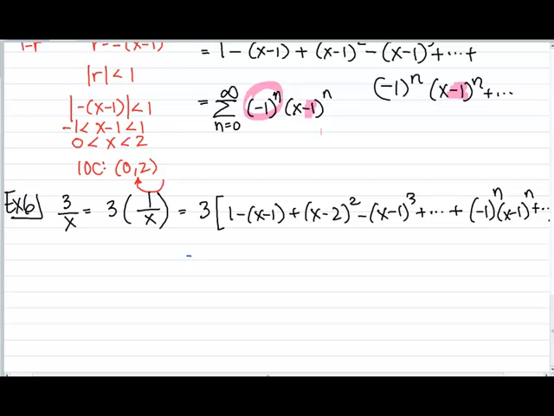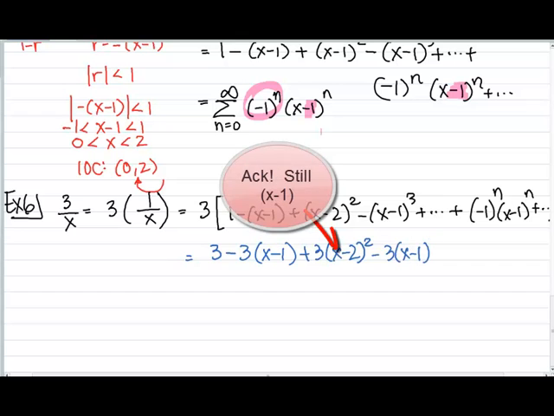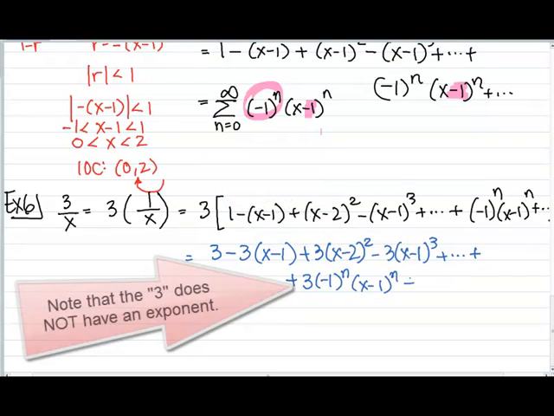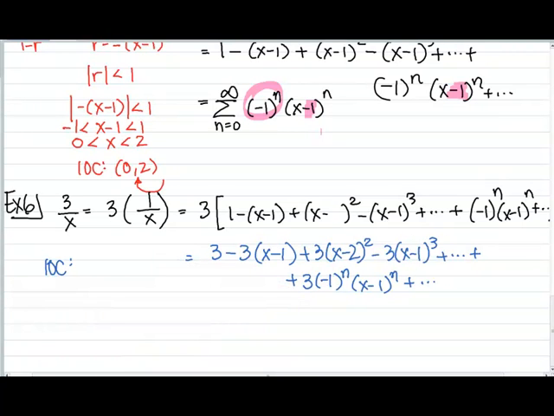Multiplying the 3 in, I have a 3 minus 3 times x minus 1 plus 3 times x minus 1 squared minus 3 times x minus 1 cubed. And then we have here 3 times negative 1 to the n, x minus 1 to the n. Now what's our IOC? Did our common multiplier change? No, we were still multiplying by a negative x minus 1 every time. So our IOC stays the same. It does not get multiplied by 3 or divided by 3. It's still between 0 and 2.